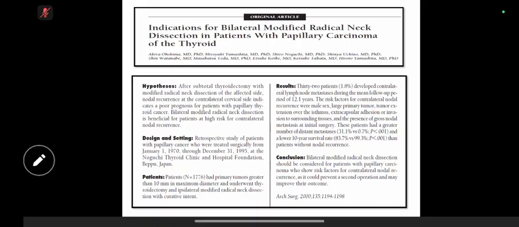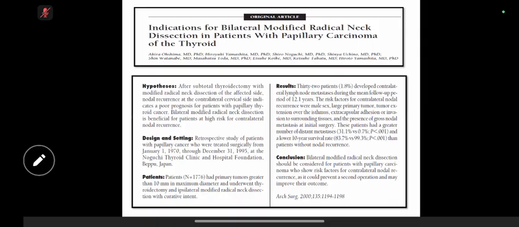Results showed that 32 patients developed contralateral lymph node metastasis during the mean follow-up period of 12.1 years. The risk factors for contralateral nodal recurrence were male gender, large primary tumor, tumor extension over isthmus, extracapsular adhesion or invasion to surrounding tissues, and presence of gross nodal metastasis at initial surgery.